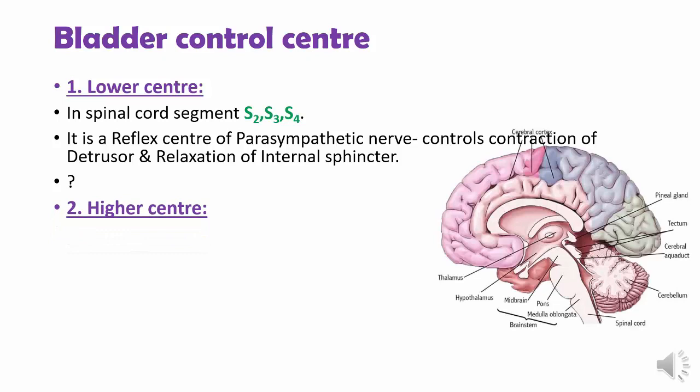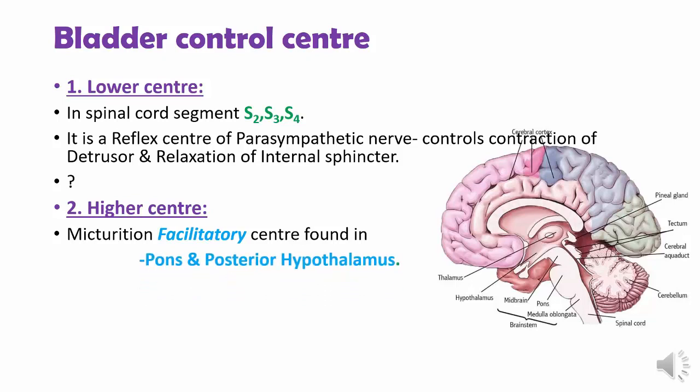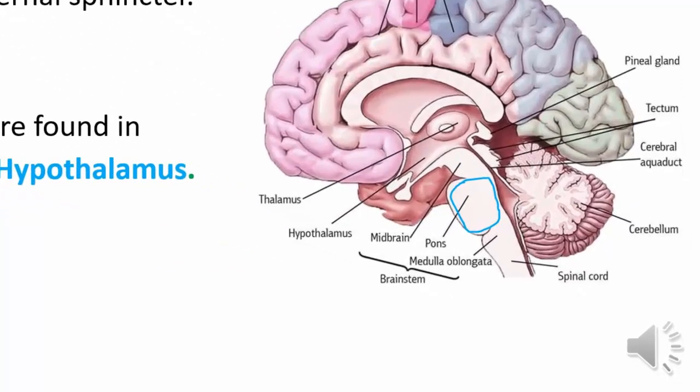So the higher center, the micturition facilitatory center, is found in the pons and posterior hypothalamus. We can see that this area is the pons and this area is the posterior hypothalamus.